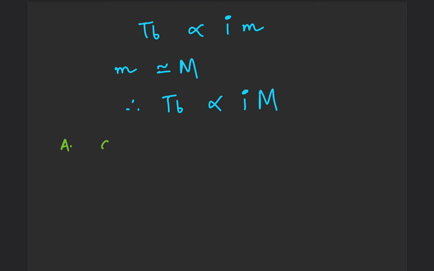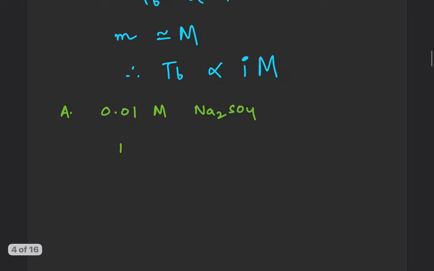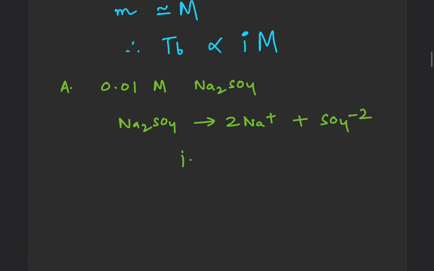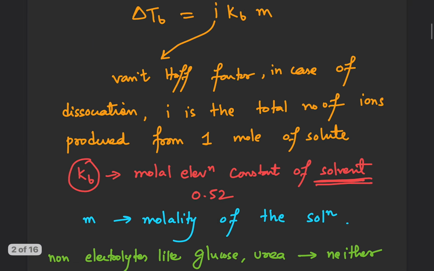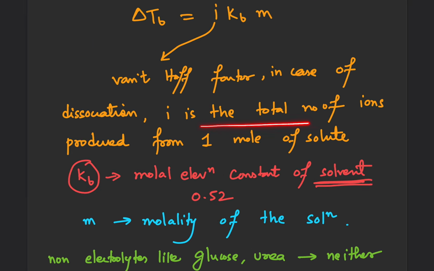Option A is 0.01 m Na2SO4. You can clearly see this is an ionic compound, so it will undergo dissociation, right? Na2SO4 will dissociate to give us 2Na+ and SO4 2-. So i will obviously be 3. How? Because I mentioned, if you remember, i is the total number of ions produced from 1 mole of the solute.